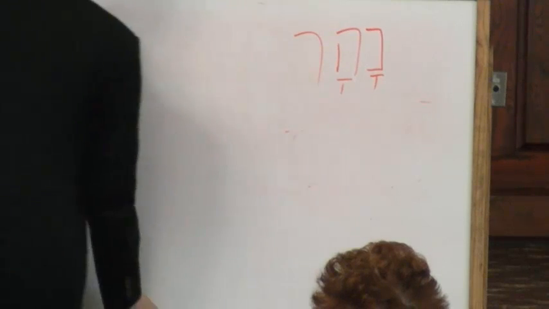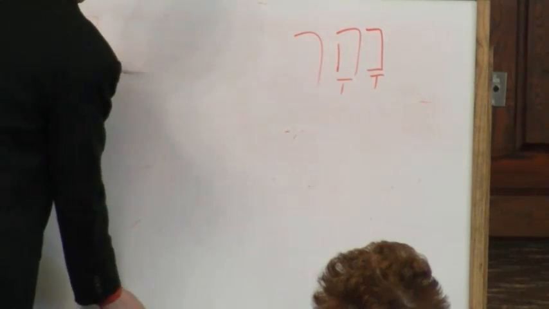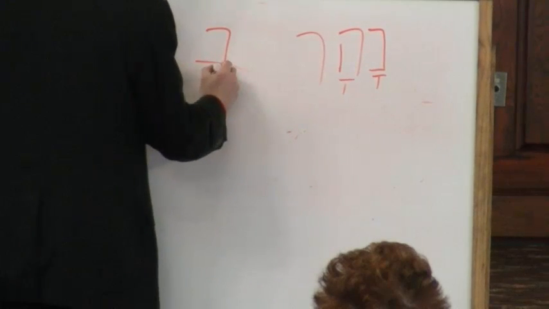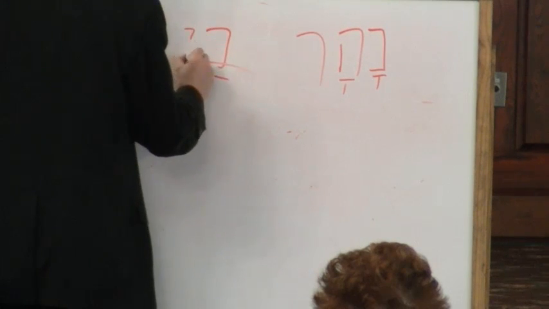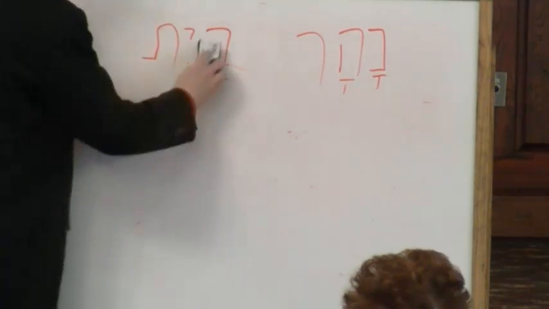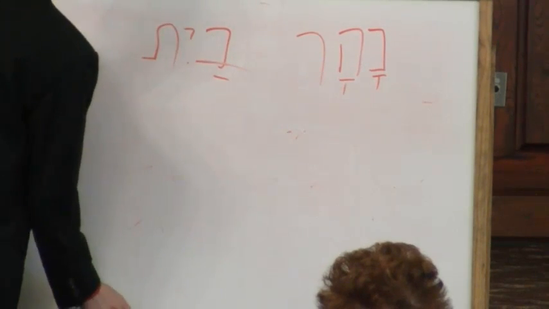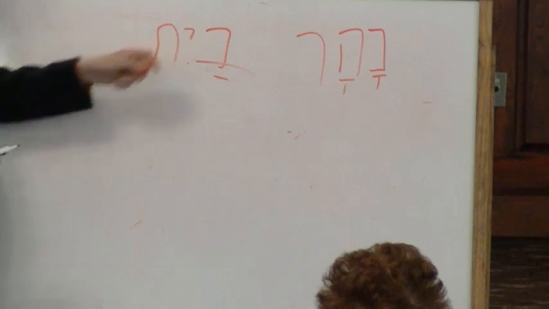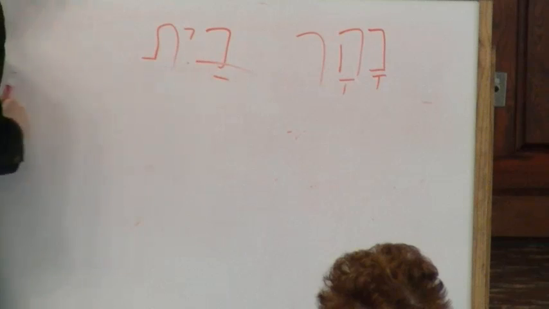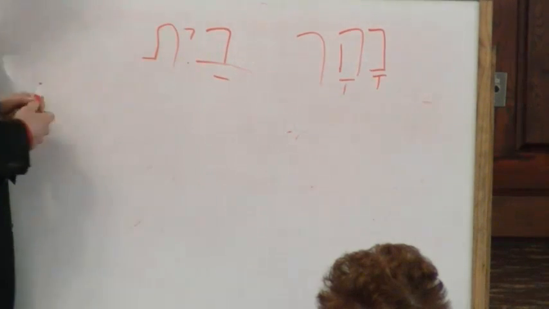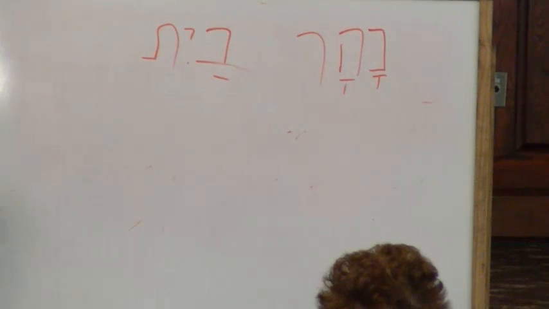So here's the first letter of the next word. You have Nahar, and then here is Bayith. Tell me, would you expect a stop with a Dagesh lene inside, or would you expect a spirant without a Dagesh lene inside, based upon the last letter of the preceding word?